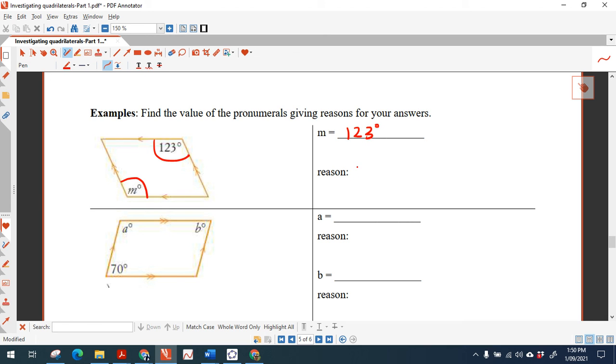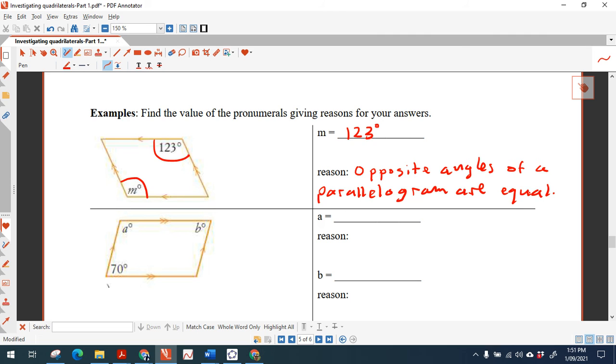And we've got to put the reason, and we're going to say opposite angles of a parallelogram are equal.